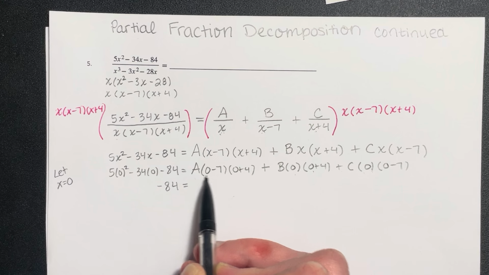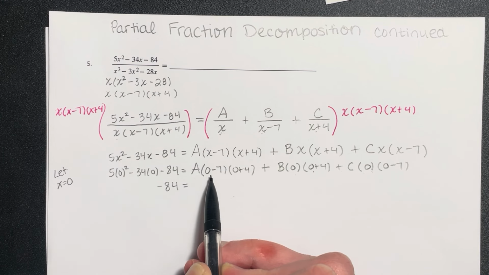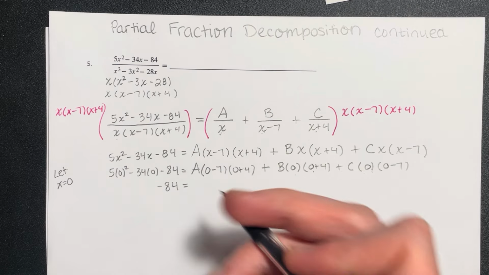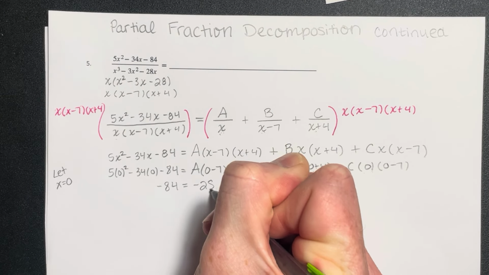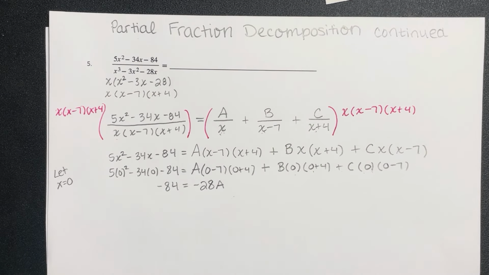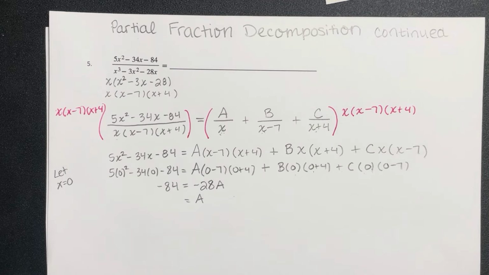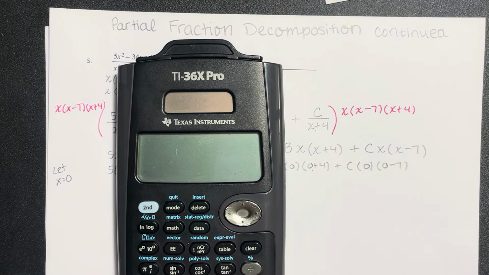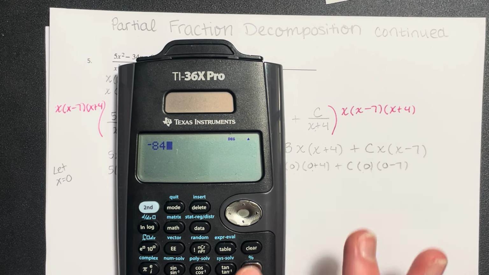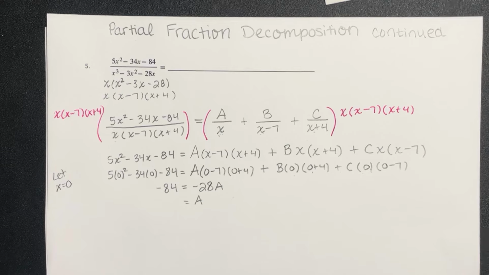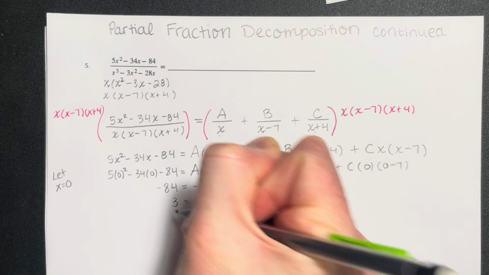All that we're really left with is the a times 0 minus 7 times 0 plus 4, which would leave me with negative 28a. We divide both sides by negative 28. So negative 84 divided by negative 28 is positive 3. A, in that case, is equal to 3.